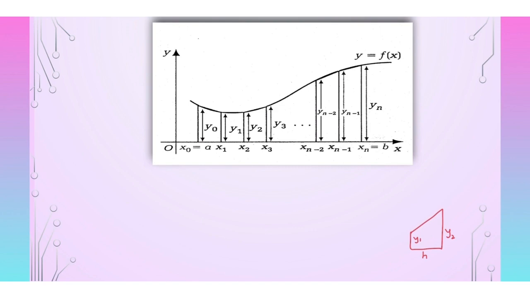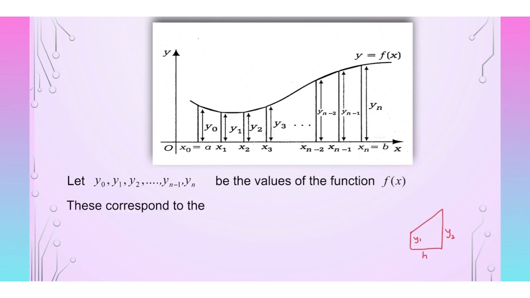So we have y0, y1, y2, y3 until yn. We can let y0, y1, y2 until y(n-1), and lastly yn, be the values of the function f(x).